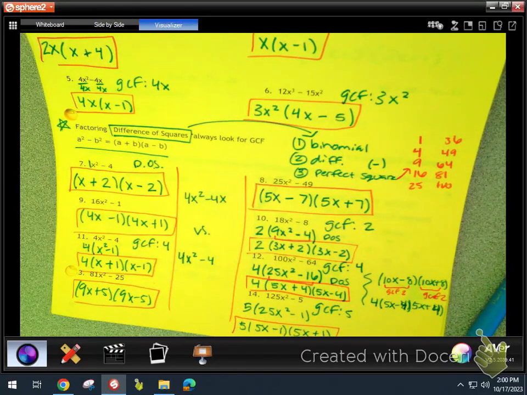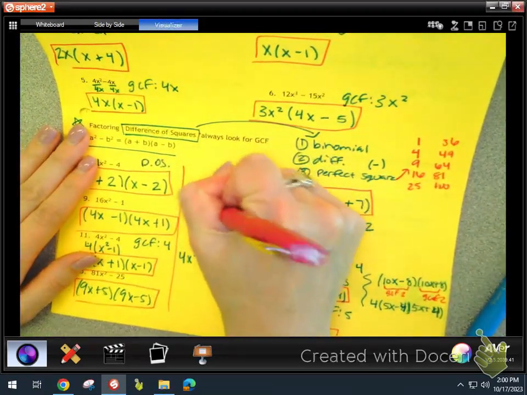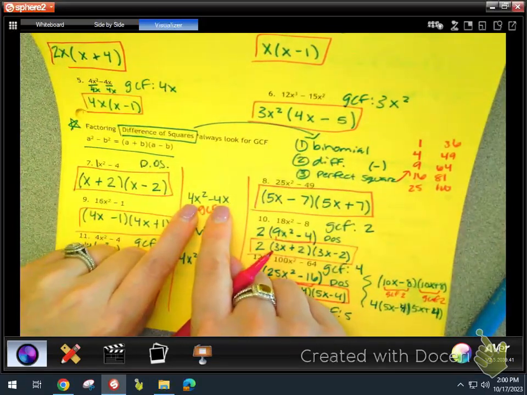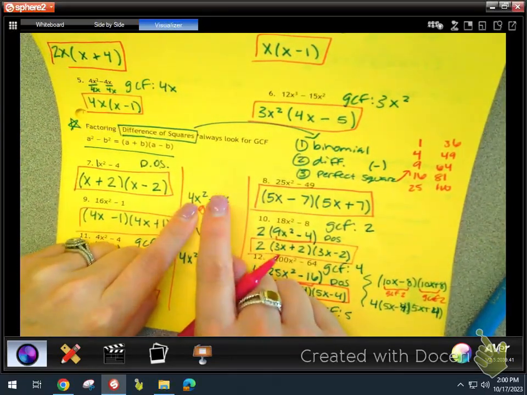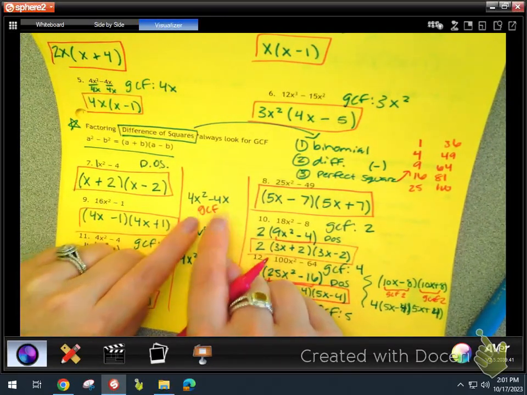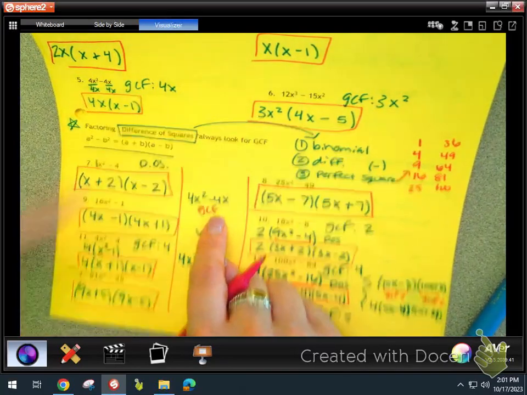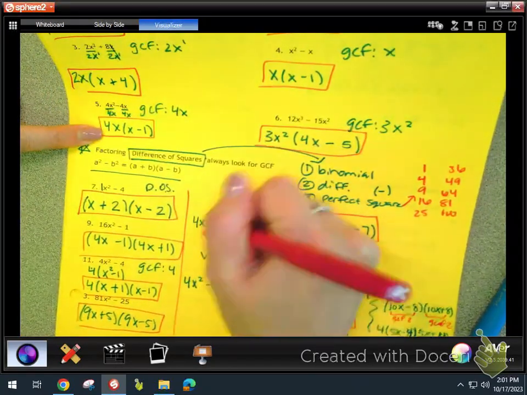The top is factoring GCF and the bottom is difference of squares. Very good. The top factoring is GCF. Is 4x squared minus 4x a difference of squares? No. All you can do is take out a GCF. Finished. It's number 5. Okay?